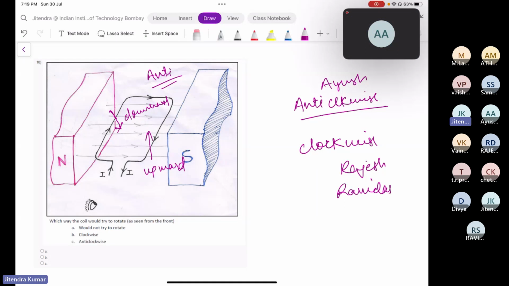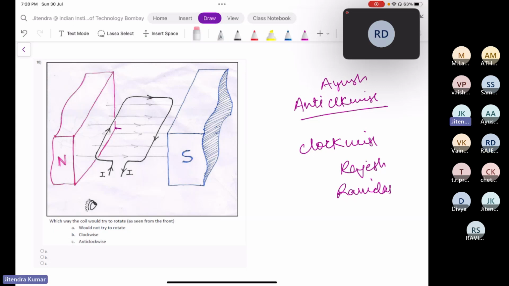Now, Rajesh, you go ahead with the clockwise justification. Rajesh or Ravidas, anyone could go ahead. Hello, sir. In this figure, the direction of field is given and current is given.